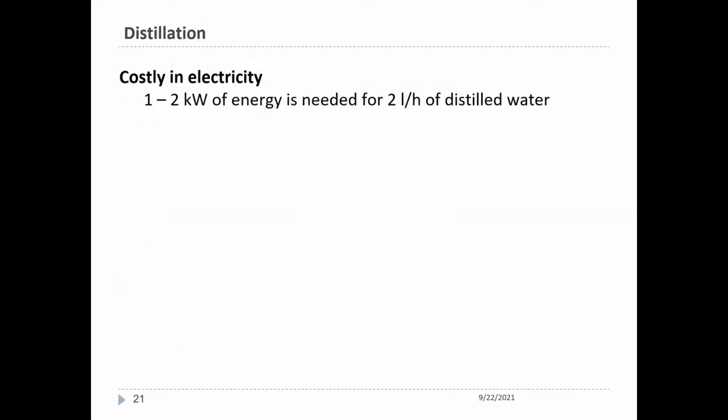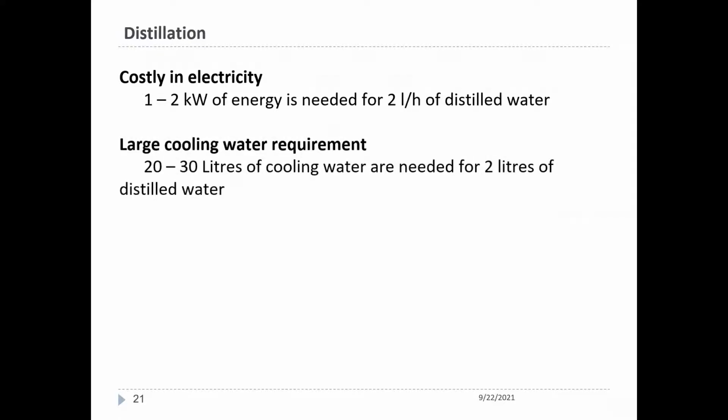Now we look at the most common type of purification of water in the laboratory, which is distillation. What are the disadvantages? Anyone who has used distillation can testify to the amount of heat generated when the water is being treated. So you have about 2 kilowatts of energy, which is needed to distill about 2 liters of water.